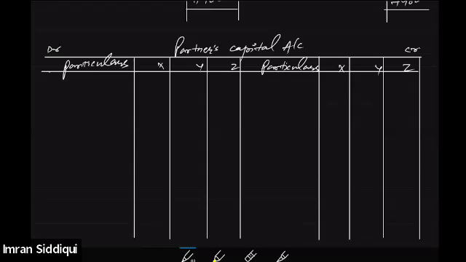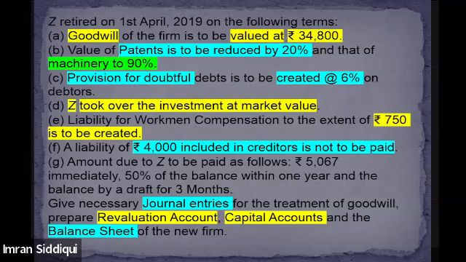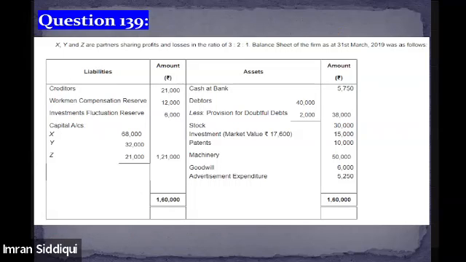All right, so this is the format of the partners capital account. In this statement, we'll first of all write down their opening capital balances, which are given in the balance sheet. As you can see, 68,000, 32,000, and 21,000.